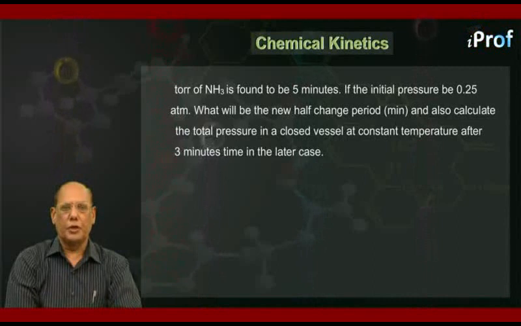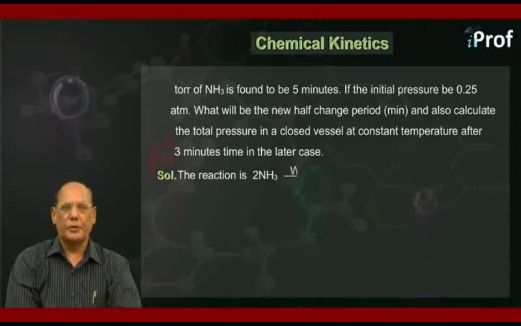The solution of the question is as follows. The reaction is 2NH3 on the surface of tungsten gives N2 plus 3H2.